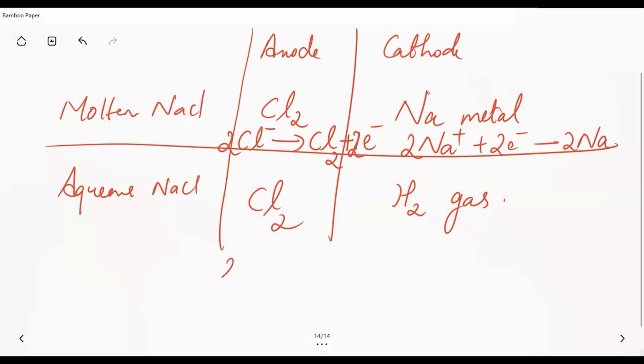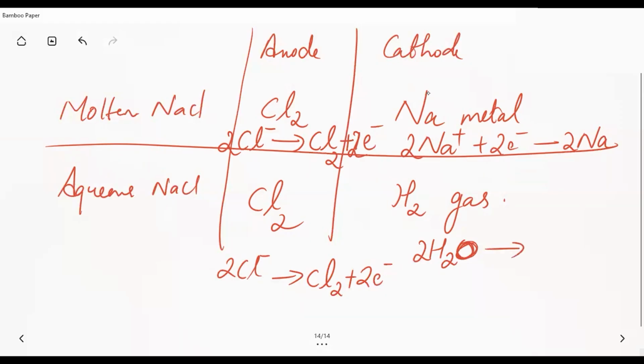The same reaction happens at anode in the case of aqueous sodium chloride, and at cathode, just think that water is the real hero in this case. He is the Superman, right? Because he has taken over from the Na plus and H3O plus ions.